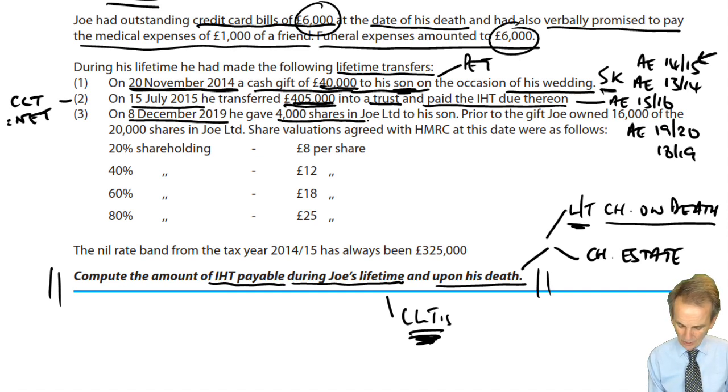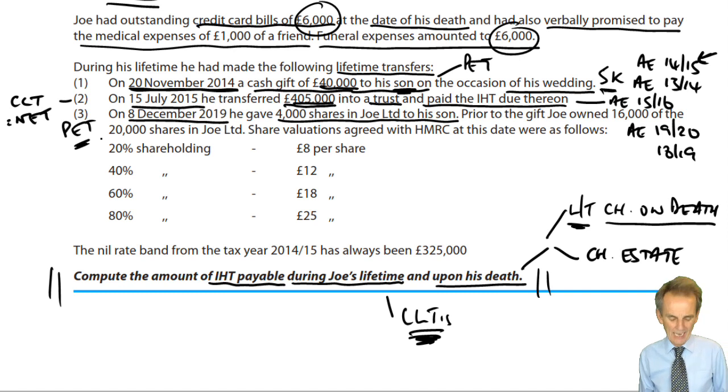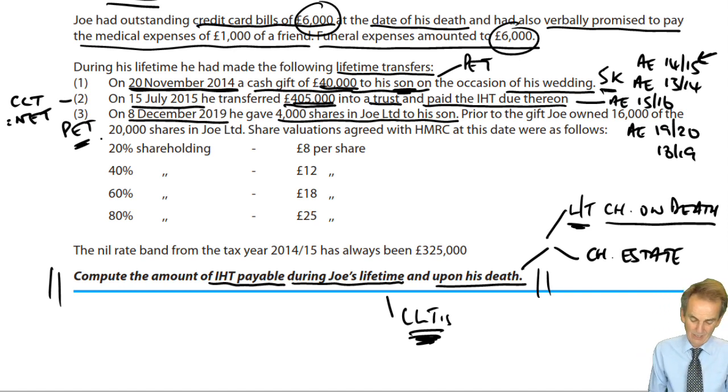Gave 4,000 shares in Joe Limited to his son. So again, we're dealing with a PET. Just like the first transfer, we have a PET here. But when dealing with shares in what we'll discover here is a limited and unquoted company, we have to use, where appropriate, that transfer of value principle, where we look not at the market value of the shares being gifted.